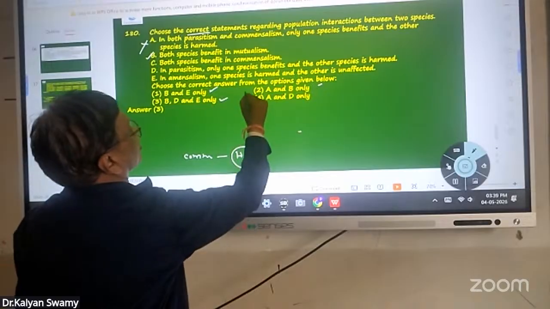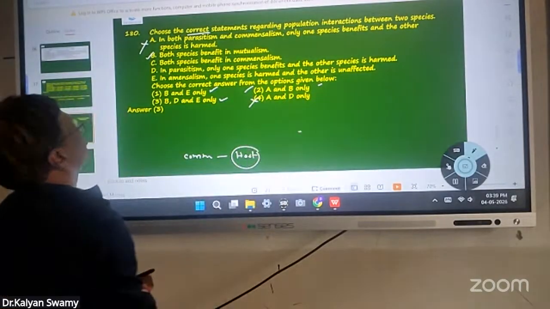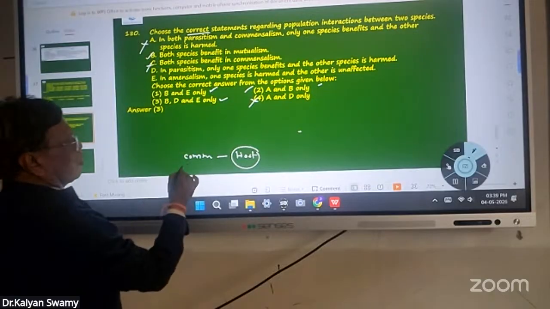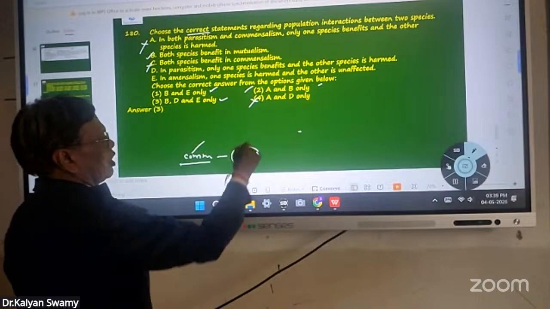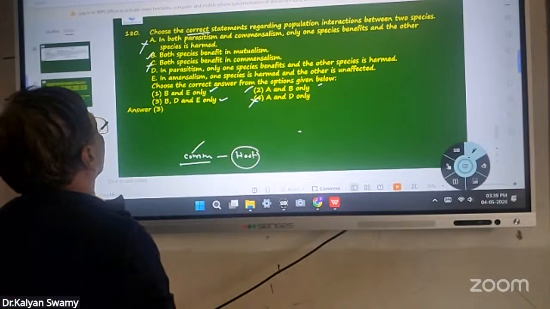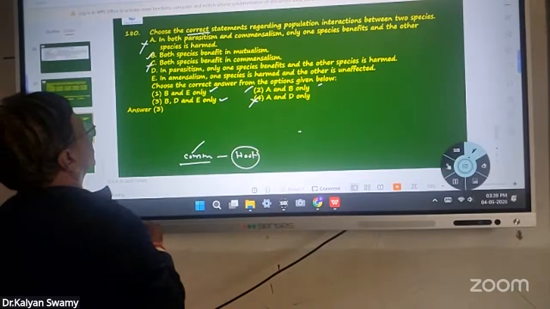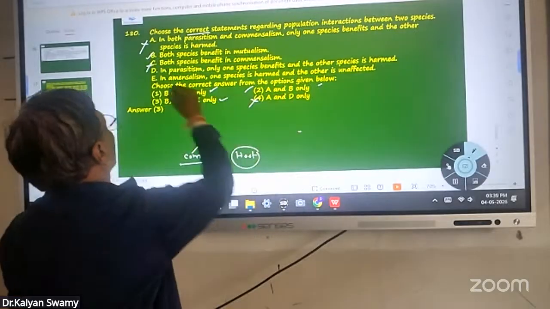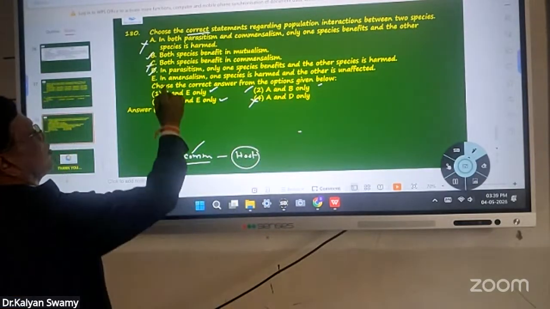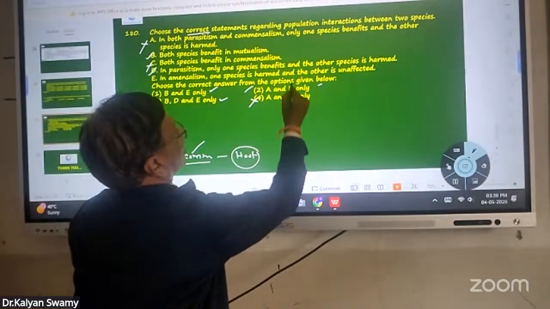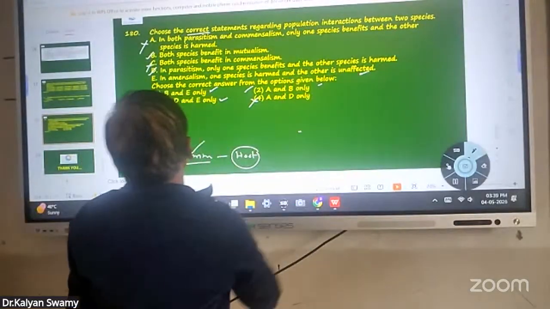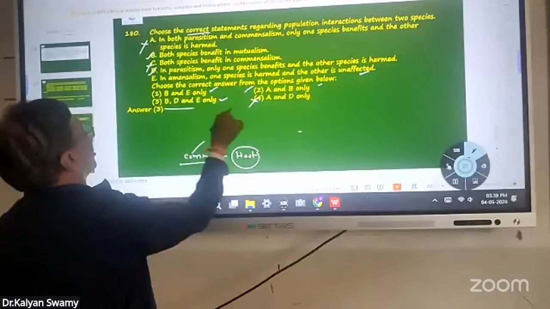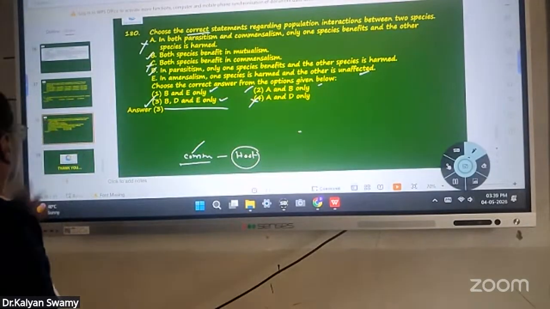Both species benefit in commensalism, this one is wrong; in commensalism one gets benefit and the other is neither benefited nor harmed. C should not be there. In parasitism, only one species benefits and the other is harmed. This is correct. Then D is correct, E is correct. The answer is three.